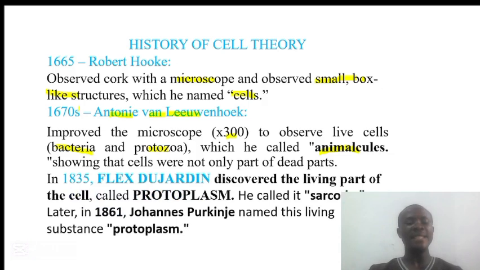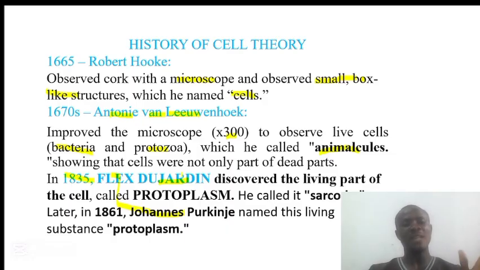In 1835, Felix Dujardin discovered the living part of the cell. Now we said Robert Hooke observed a dead cell, and Anthony van Leeuwenhoek observed a living organism. Now there was a sense that a living organism is made up of living parts and a dead part.